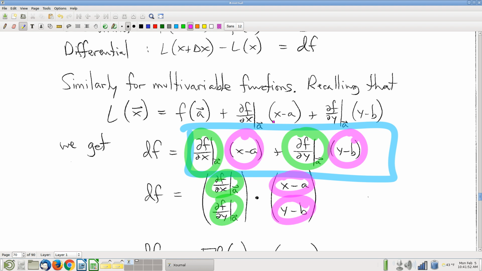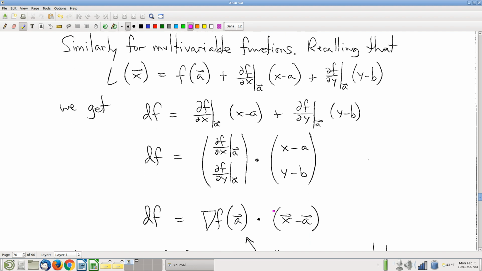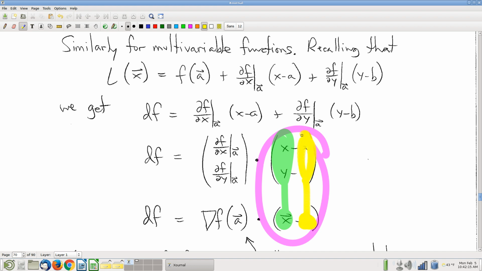And when you look at it that way, and then you realize, well, x minus a comma y minus b, that's just the difference between the x vector and your original starting point a vector.